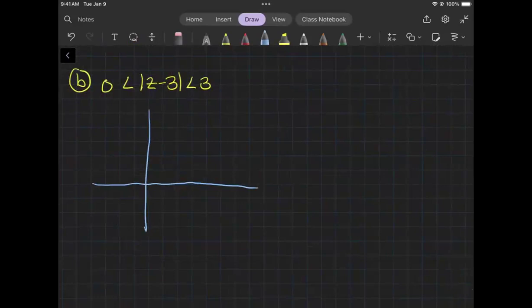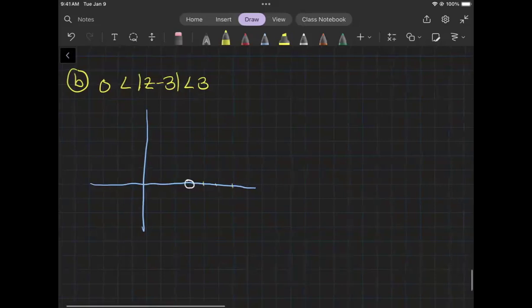We have a circle at the radius of 3, so 1, 2, 3. We know the function's not analytic at that point.